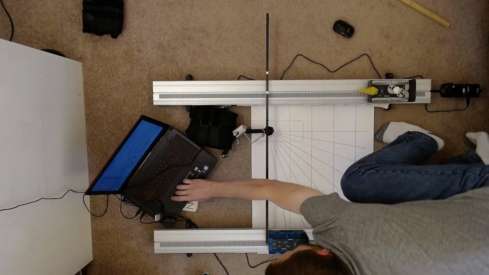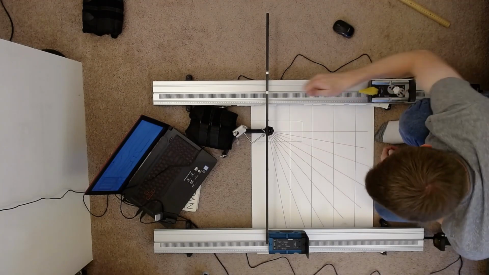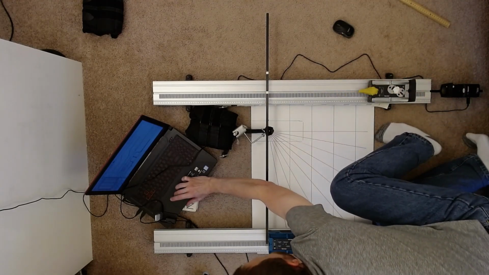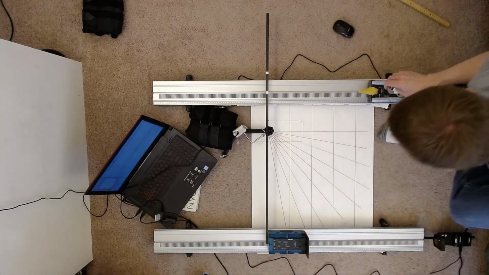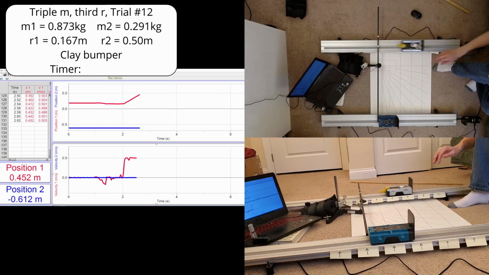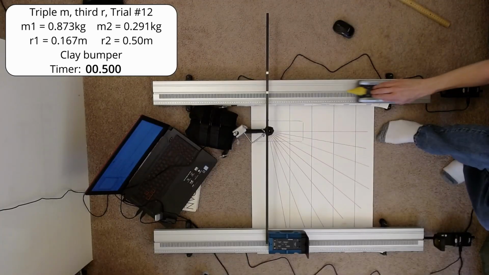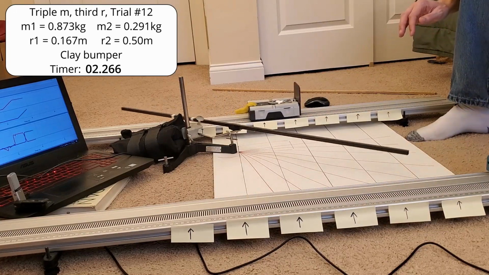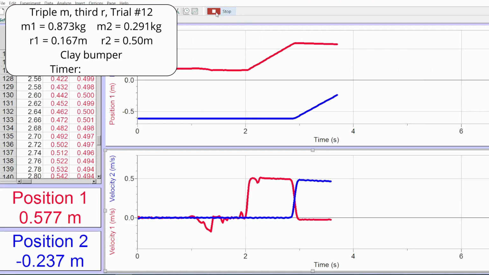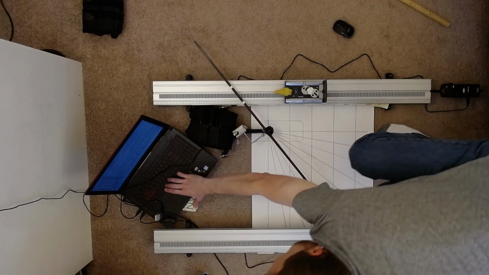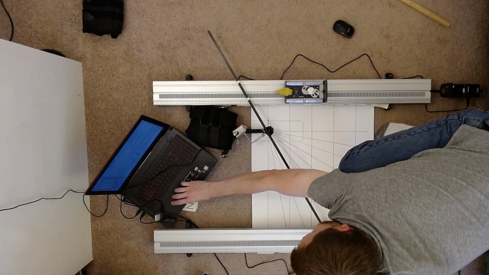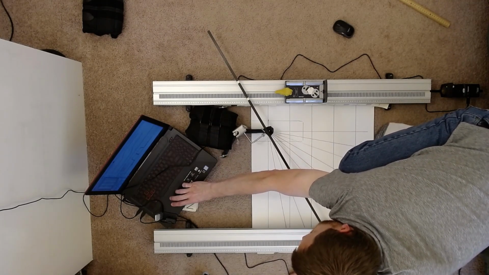And let's give this a try. So this is 3 times the mass, 1/3 the distance, inelastic case, trial number 2. It looks like we're getting something pretty similar to last time, but let's go through the numbers.